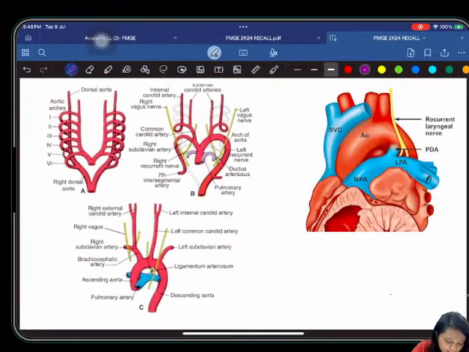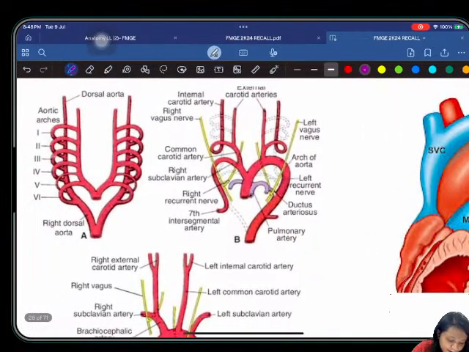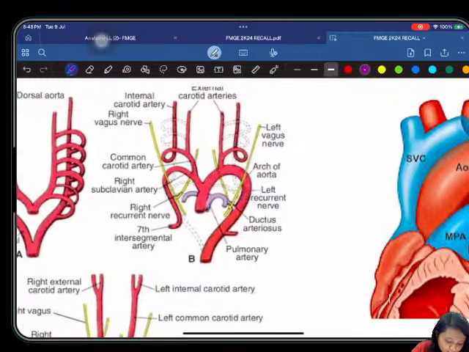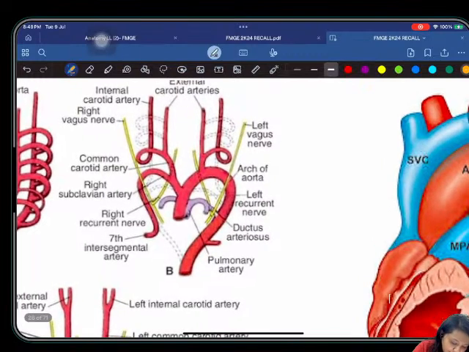You can see here the dorsal aorta and aortic arches. This is the left vagus nerve. This is the right vagus nerve. It is giving the right recurrent laryngeal, and the left is giving the left recurrent laryngeal.